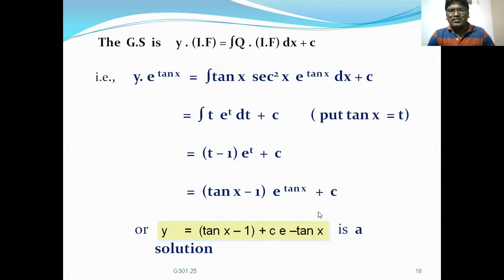Dividing with e power tan x, the e power tan x terms get cancelled. Here it is 1, and here c by e power tan x. Taking e power tan x into the numerator, we get e power minus tan x. This is the required general solution. I hope you understood well.